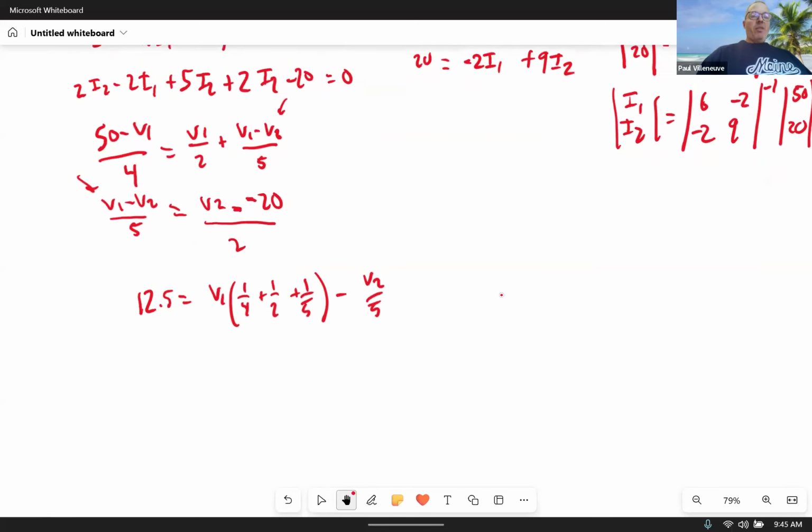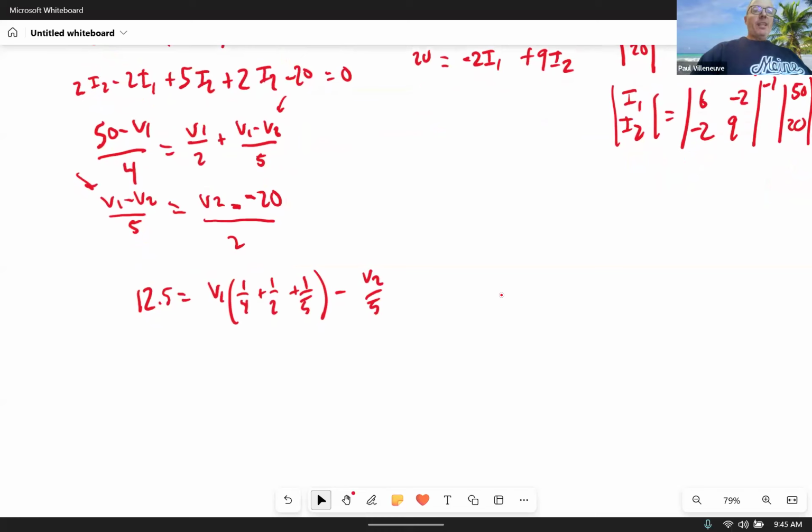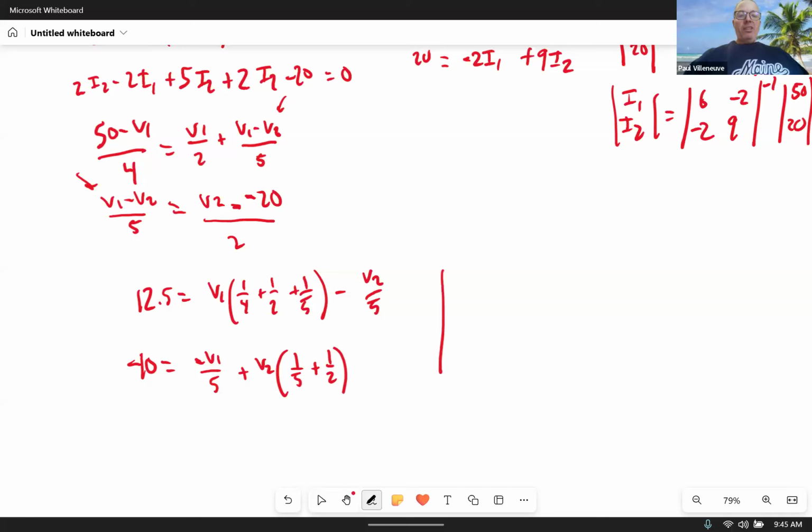And my other equation, I have, let's see, negative 10 is going to be equal to negative V1 over 5 plus V2 times (1/5 + 1/2).